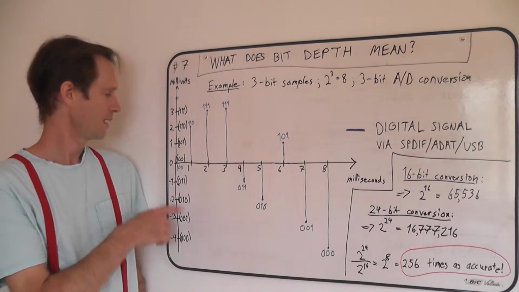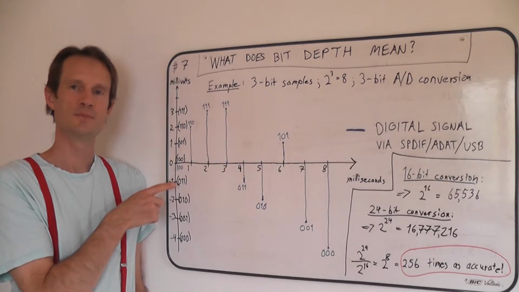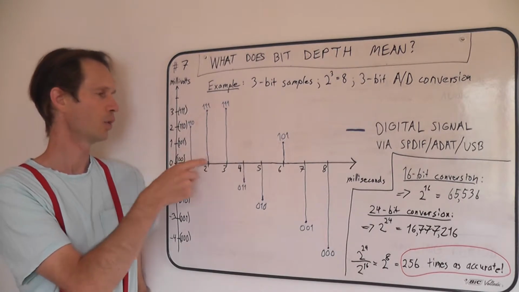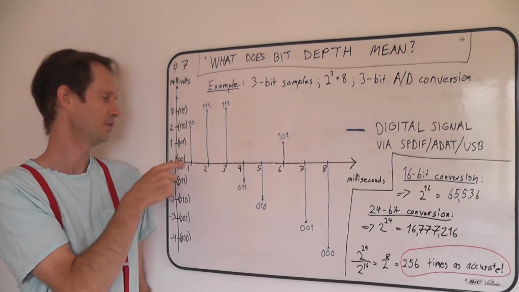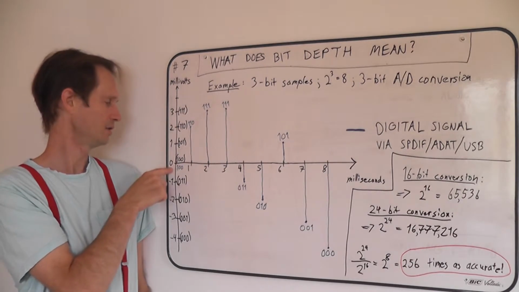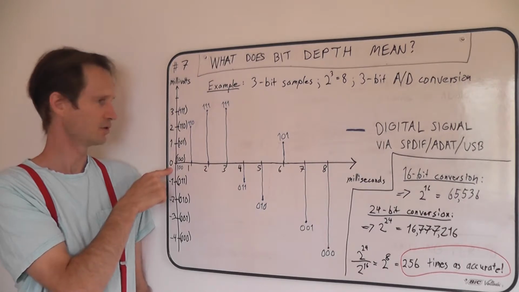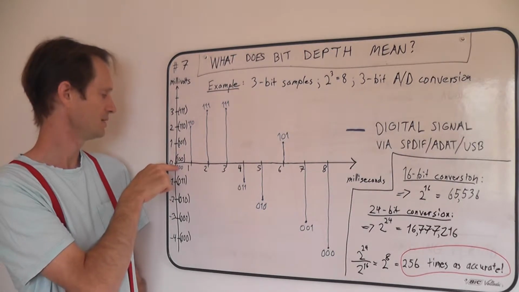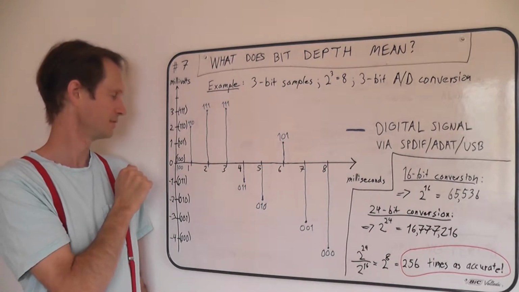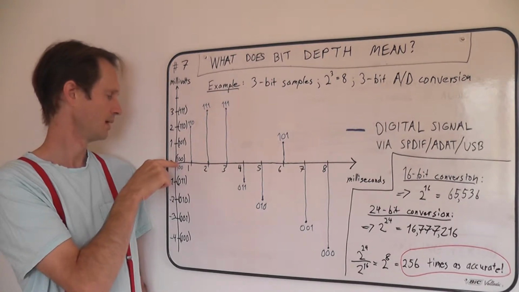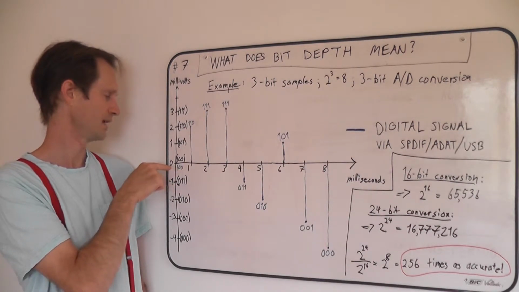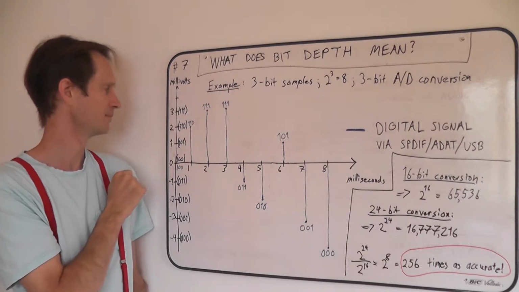So, as we go along, all we're going to do, we already know where we're going to sample our signal, every millisecond. And here, my signal at 0 milliseconds is equal to 0 millivolts. So I'm going to send along 100, because that's how I chose to define it.